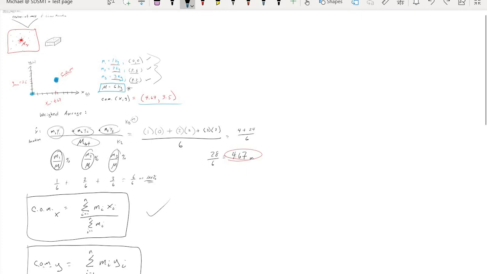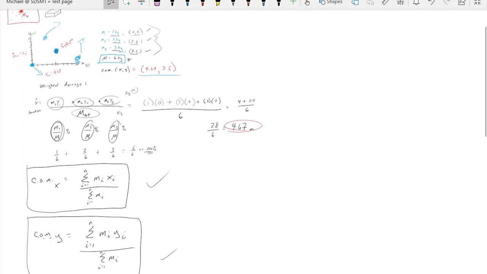There we go. What if mass 1 is moving? What if mass 2 is moving? What if mass 3 is moving? So now each of those masses has a velocity that is going to carry it away. If the individual particles move, what does that say about the center of mass for the system?